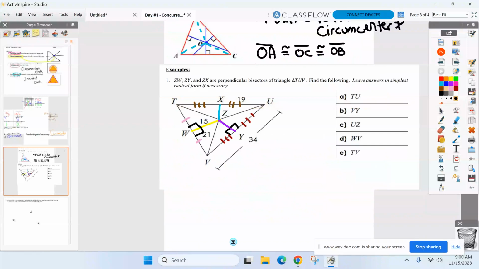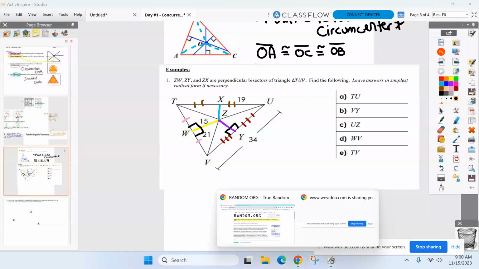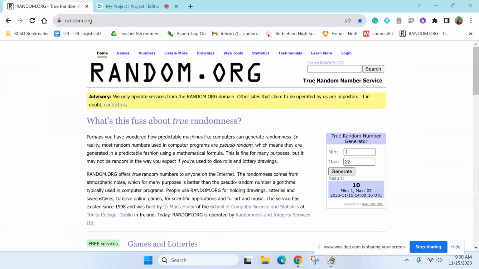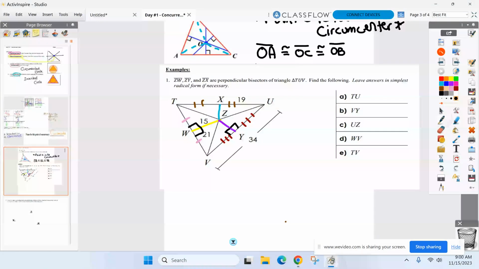Actually, I should probably put two there. There we go. One more pair of markings should go on there. Bailey, another pair of markings? Right angles. Yep. Angle ZXT and angle ZXU. Got it. Look at all those markings. Just because we know those, and we're not done with the markings either.